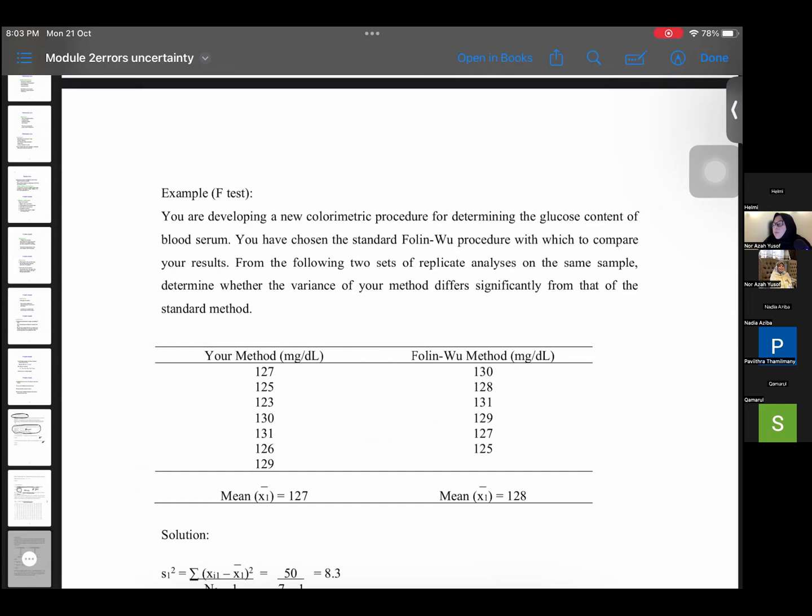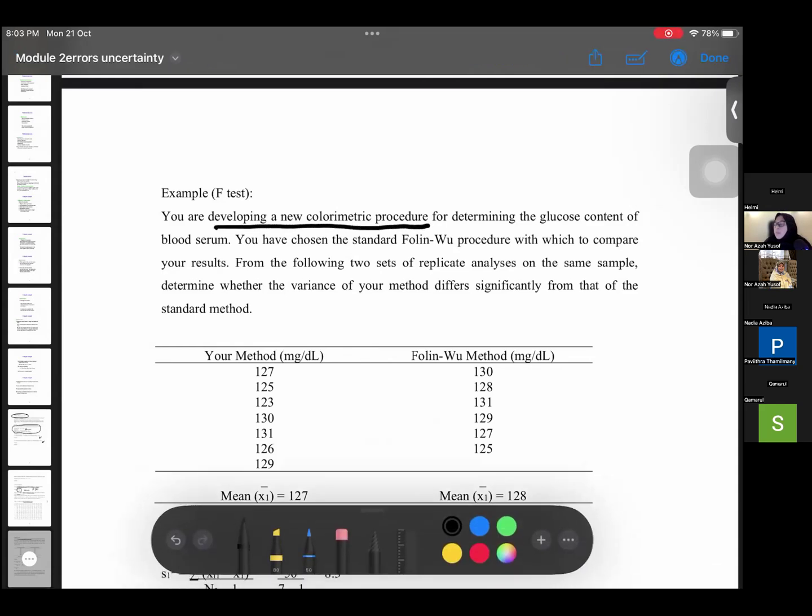So you have developed a new procedure, and you have chosen to validate against the standard Folin-Wu procedure. Because in order to verify that your new method, your new protocol, is valid and credible, we have to validate against an established method.